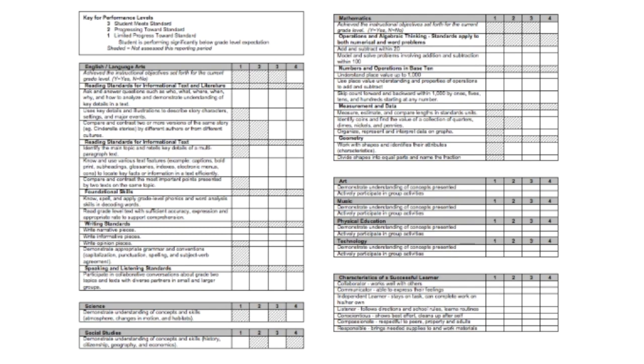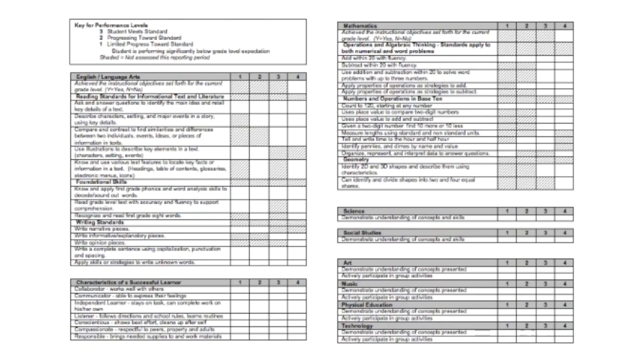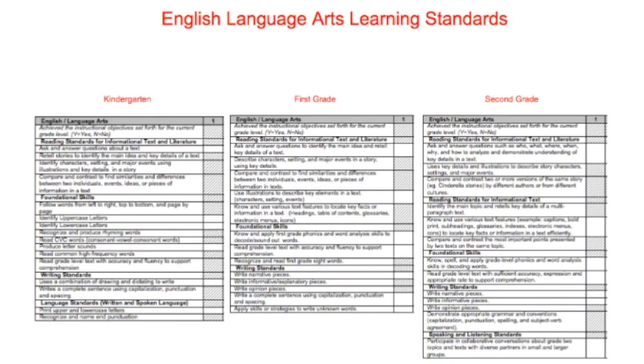The template is very similar. You still have English language arts, science, social studies, mathematics, fine arts, and characteristics of a successful learner. They may just be in a different sequence to allow for a better format. Second grade report card. Same items listed again: English language arts, characteristics of a successful learner, math, science, social studies, and fine arts.